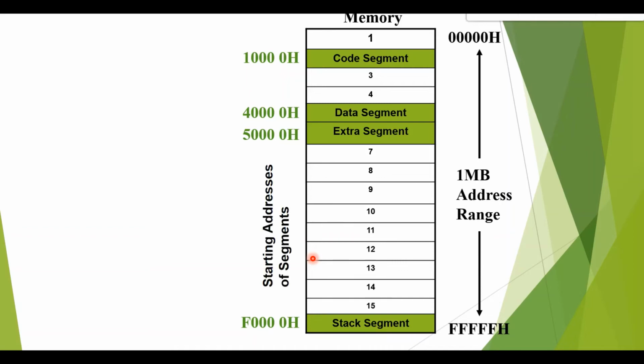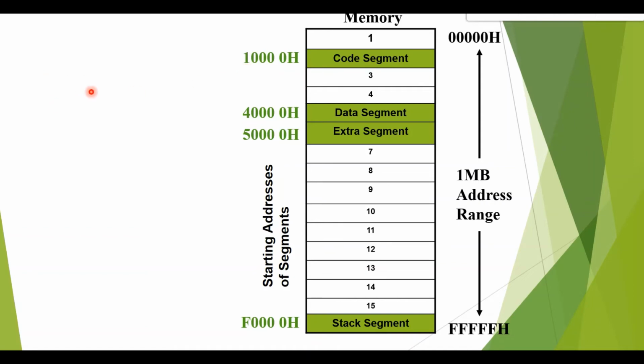So suppose this code segment starts from 10000. These are written in hexadecimal. If you want to convert it into binary, each hexadecimal digit is represented by 4 bits.